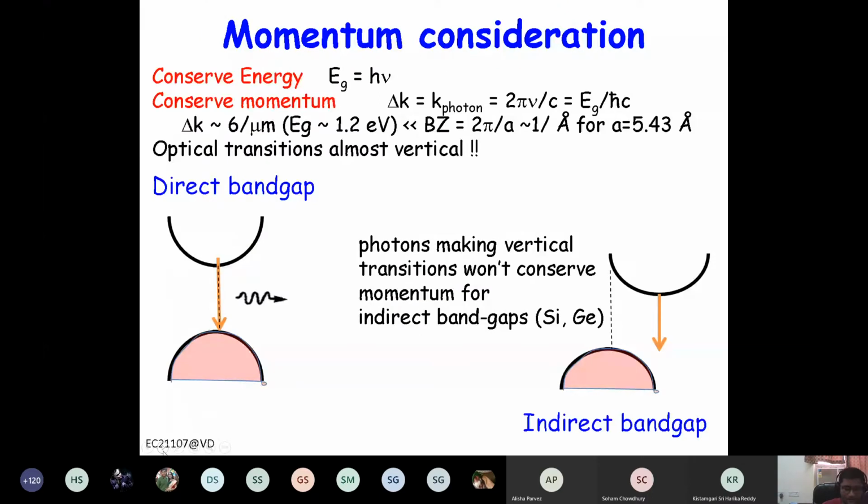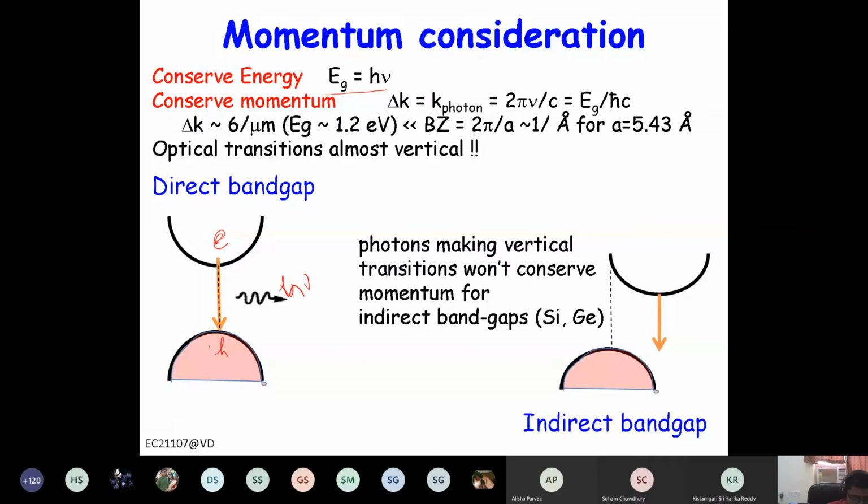Here you should also look at the momentum consideration. You conserve the energy, so conservation of energy means if the electron and hole are recombining, then the photon energy will be the same as the band gap energy. Now conservation of momentum. Let's say this electron and hole are recombining and giving out a photon.